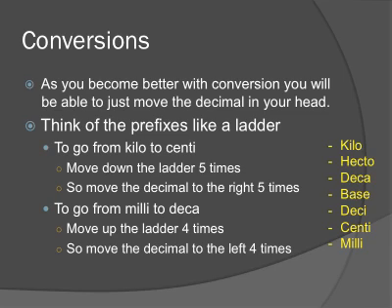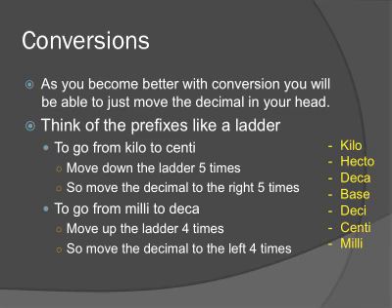So for instance, if I'm starting with kilo and I'm wanting to go to centi, I move 1, 2, 3, 4, 5 times, and I went to the right, didn't I? So you're going to move your decimal to the right 5 times. So for instance, if we start with 1.8, you're going to move your decimal 1, 2, 3, 4, 5 times. Add zeros. And then no conversion factors needed.